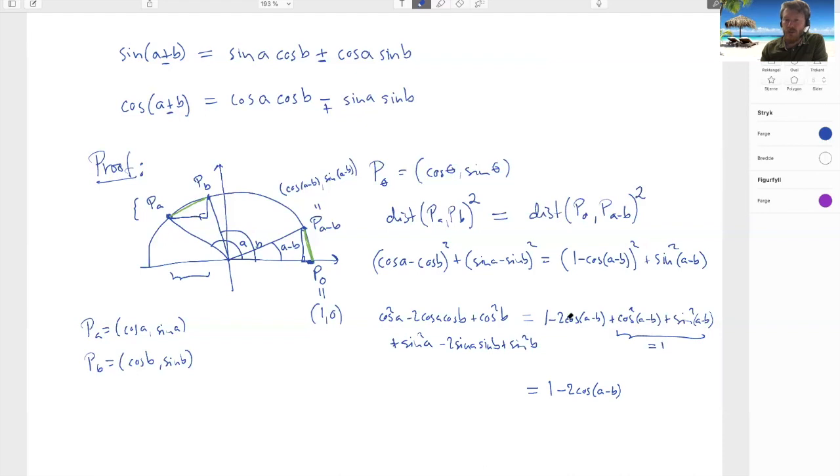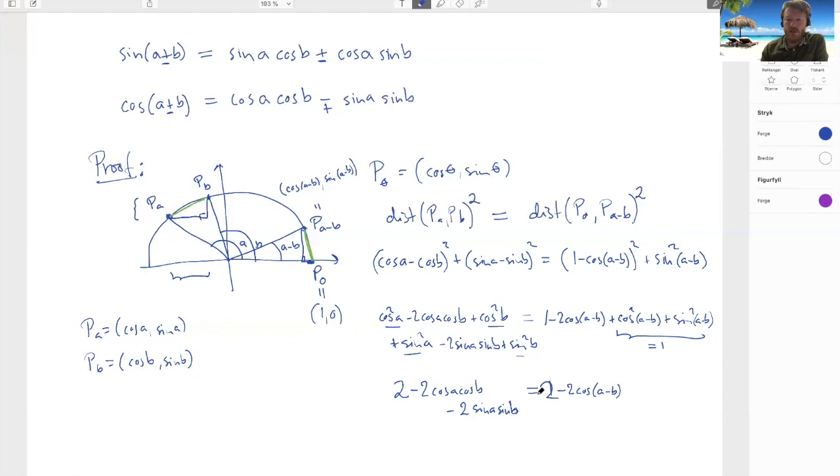So I get this 1, I have this 1, so together this is 2. Does the same thing happen here? Well, gee, let's look. This plus this gives me a 1, and this plus this gives me a 1. So I get a 1 plus 1 here as well. And then I get my minus 2 cosine A cosine B, and then minus 2 sine A sine B.